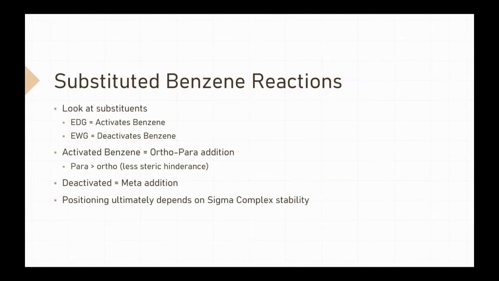Remember, para is better because it's less steric hindrance. Withdrawing groups deactivate it, meaning it's going to add to the meta position. Right? It all depends on the sigma complex. So when you resonate that positive charge, it goes where that positive charge is most stable.